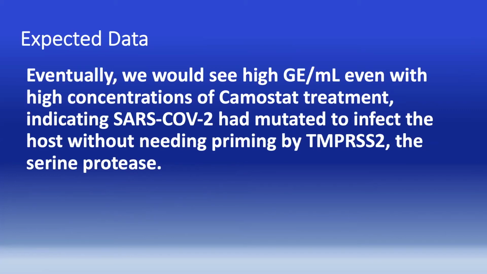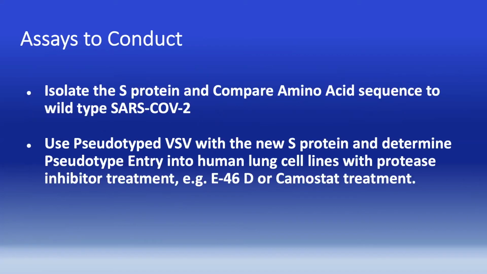This would indicate to us that SARS-CoV-2 had mutated to infect the host cell without needing priming by the serine protease TMPRSS2. Next, we would isolate the S protein and compare its amino acid sequence to wild type SARS-CoV-2 with the hope that maybe we could identify novel domains or we could see what had changed about the protein structure.